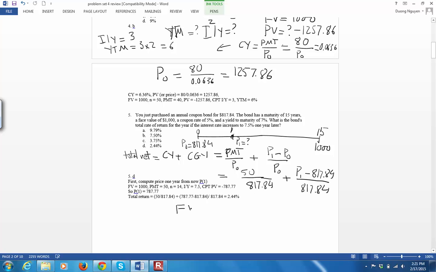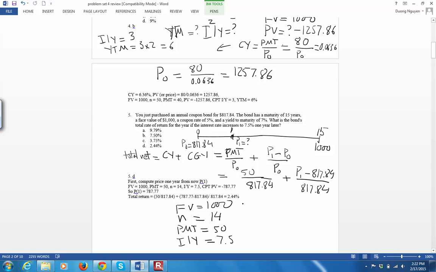So you put in the calculator future value $1,000, N equal to 14 years, coupon payment equal to 50, and I/Y at year 1, the interest rate now is not 7 anymore, it is 7.5.